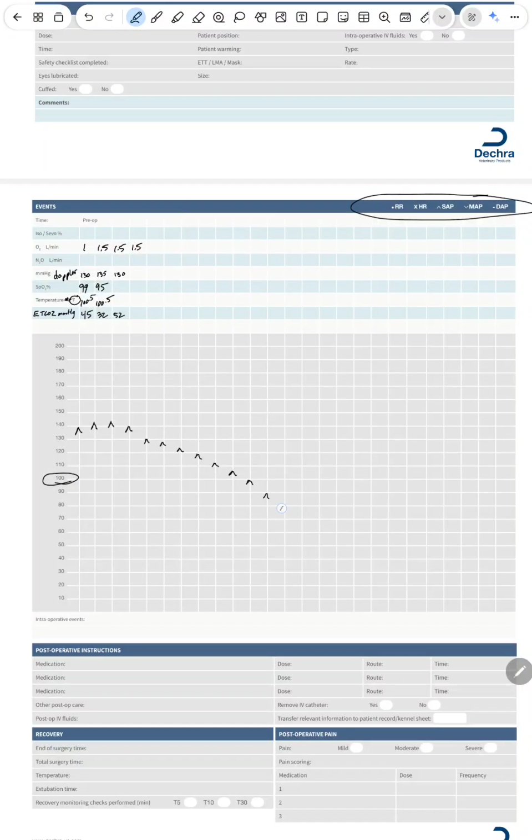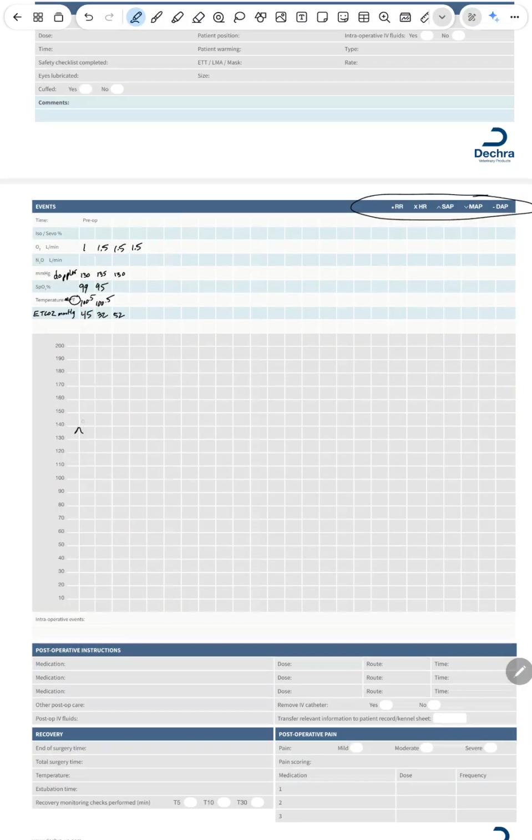But gosh darn it, if it doesn't start doing this nonsense, a systolic of 70, well, that tells me some pretty significant event happened, and I'm watching this trend go down. And it's very visual. It's very easy to read. That's why a lot of people like this sheet. And they're going to use it in that manner.